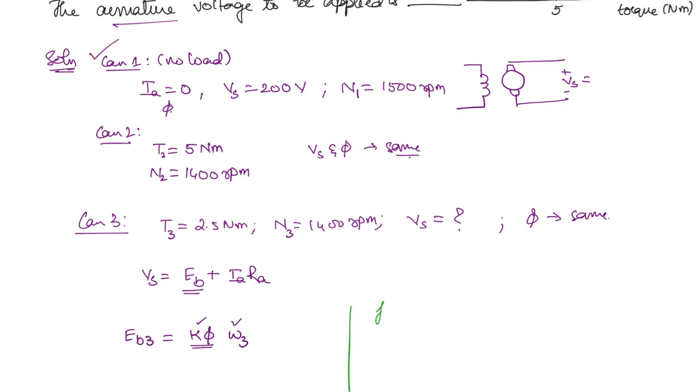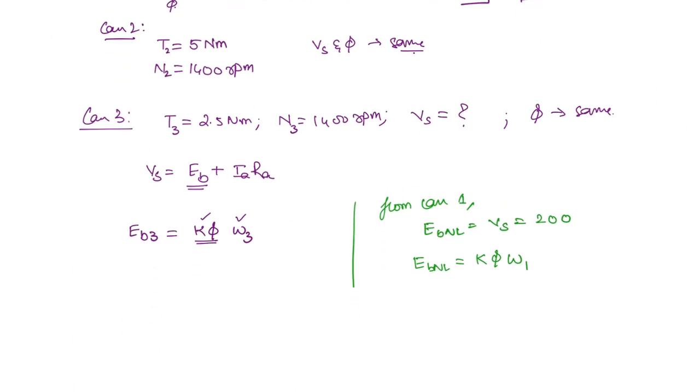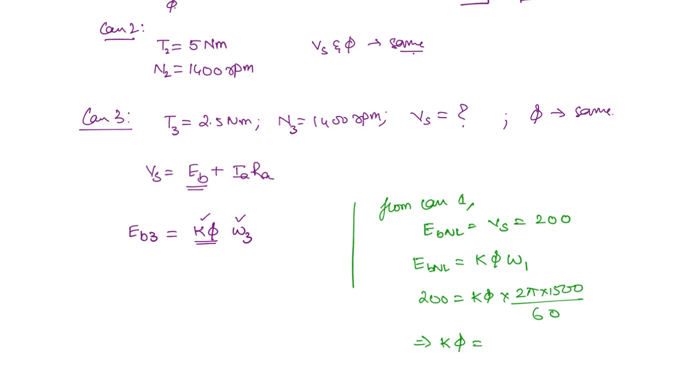From case 1 the no load back EMF is equal to the supply voltage, which is equal to 200 volt, and also EBNL is equal to K phi into omega 1. So 200 is equal to K phi into 2 pi into 1500 divided by 60.